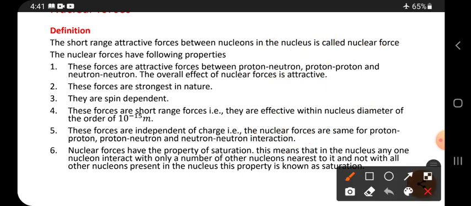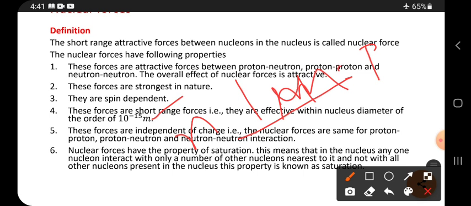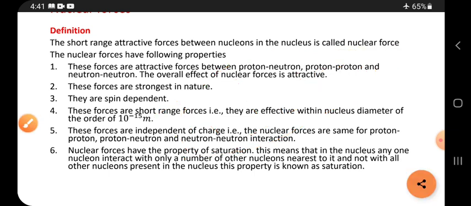Within this distance only these forces can act, so that is why they are short range forces. If the neutron is here and the proton is here at a distance of 1 micron or 1 millimeter, then this force cannot act.